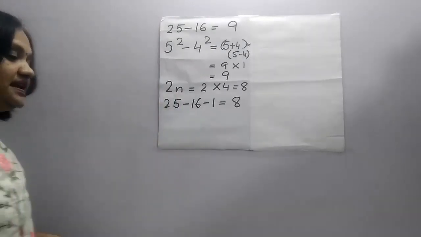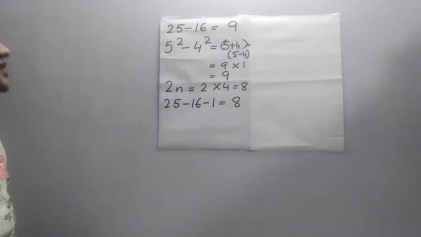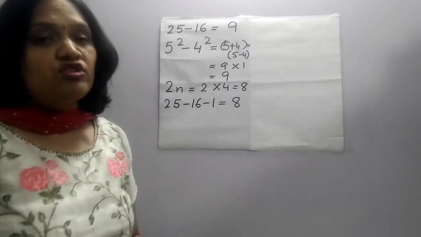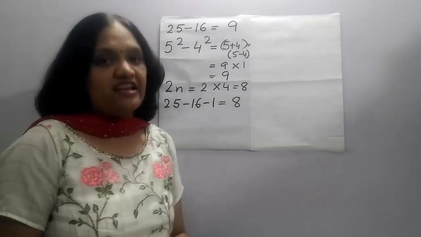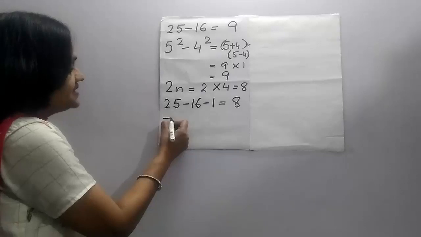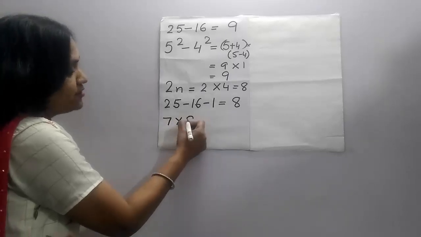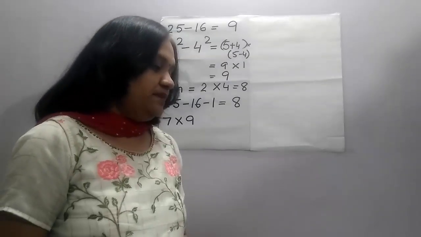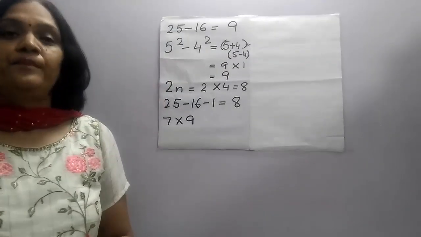Okay, now let's study about another property. Let's take any two consecutive odd natural numbers, for example 7 and 9, and let's find what happens if we find their product.